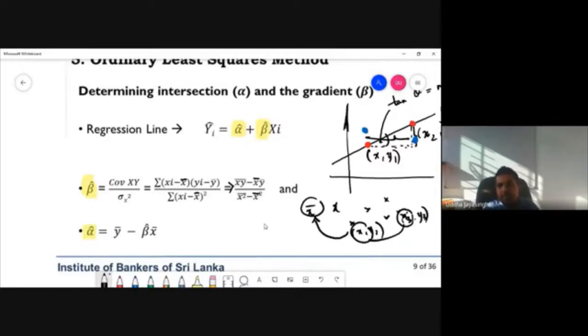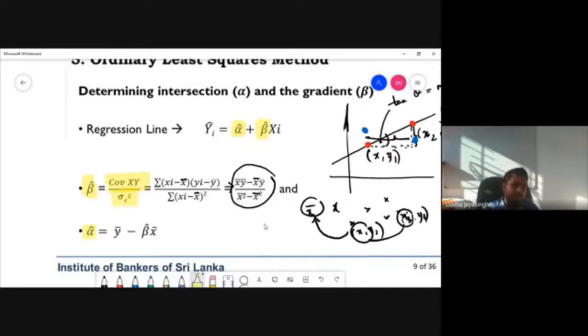This is nothing but the arithmetic mean or the average. In statistics, there are many other forms you can use to calculate this covariance and variance and find the beta, but bear in mind this is the easiest form to remember: divide the covariance between x and y by the variance of x.